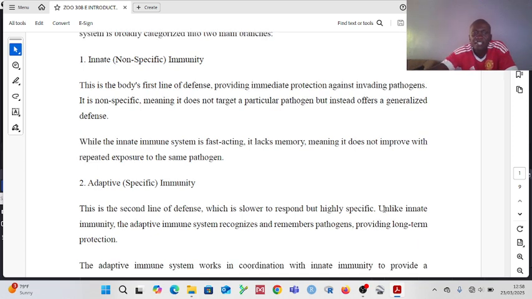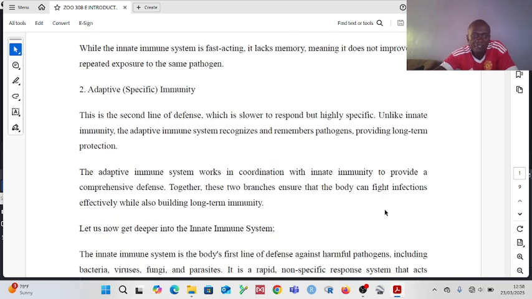But the adaptive immunity, which we are calling specific, is the second line. So after the first line, which is the innate immunity, the second line of defense is the specific immunity or the adaptive immunity. This adaptive immunity is slower to respond, but it is highly specific. Okay, it takes time, but it is very specific to the type of pathogen that it responds to.